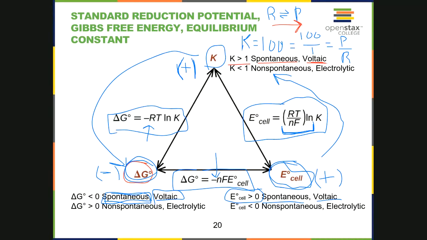All righty, what we're going to do through the end here is look at some batteries. That's an example of a voltaic cell. We're going to look at a fuel cell, which is different than a battery, and we'll talk about what that means.